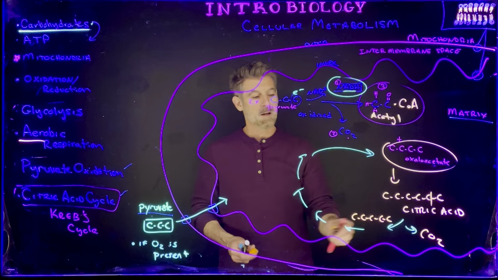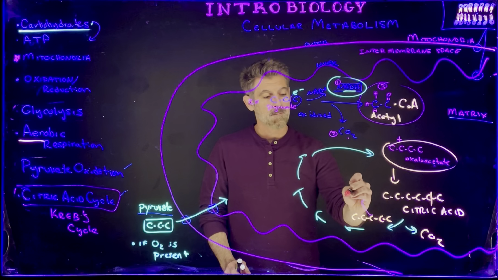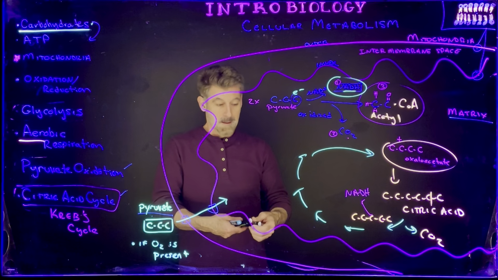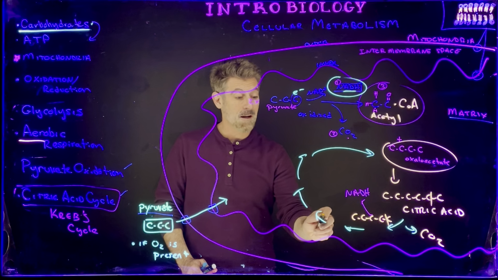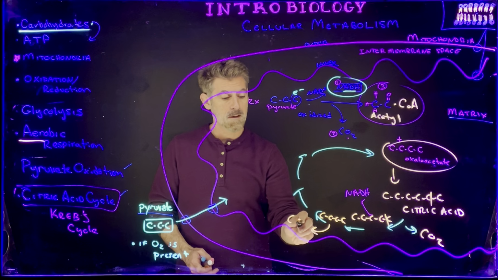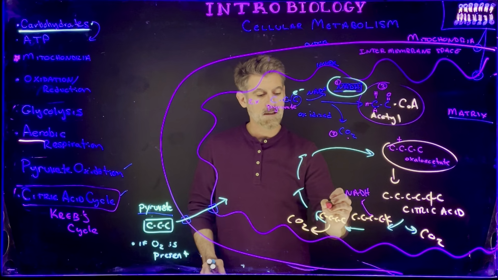One of the carbons gets cut off, essentially. An oxidation occurs, and you'll make NADH. The same thing will happen again. Another carbon dioxide will get cut off, another oxidation event, and when that happens, you get another NADH.